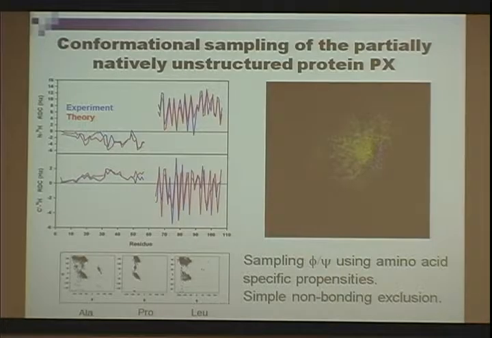But in another one, it might be alanine, phenylalanine, serine, serine, serine. We aren't differentiating between these. And therefore, the fact that we can reproduce these RDCs so well, which means that we reproduce not only the global shape of the unfolded part of the protein, but also the local structural propensities, seemed rather surprising.